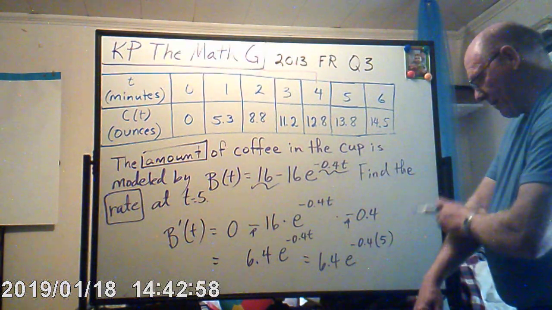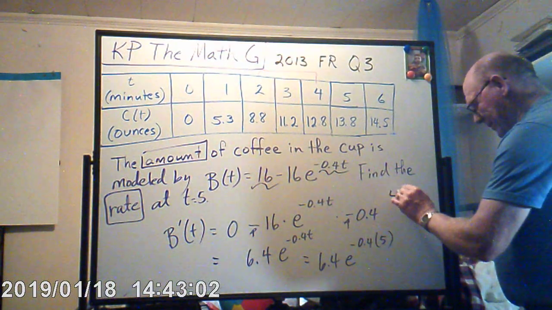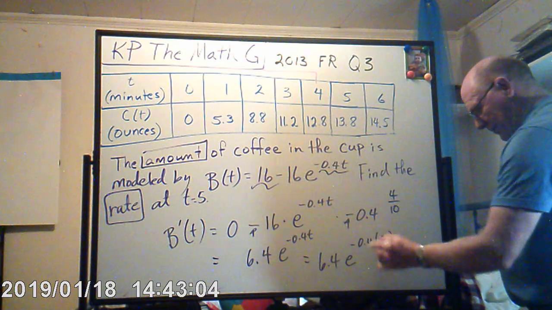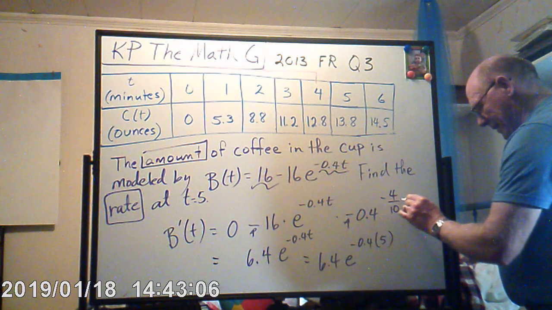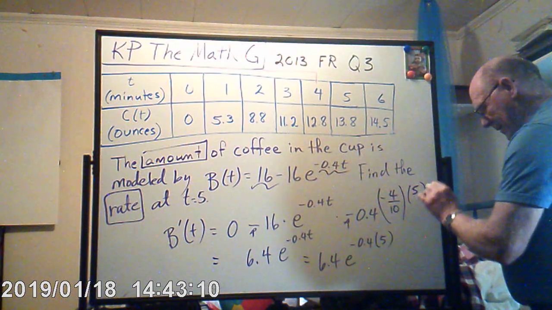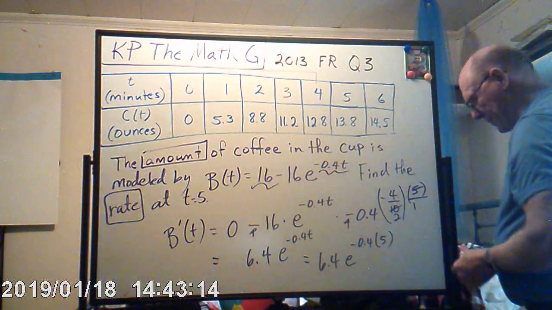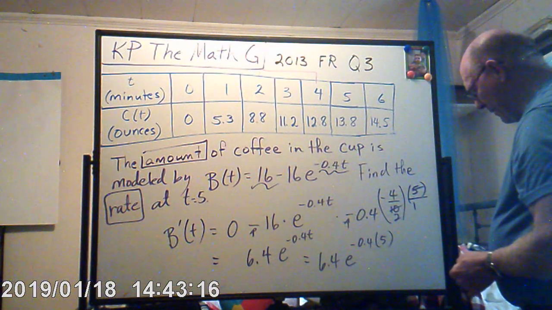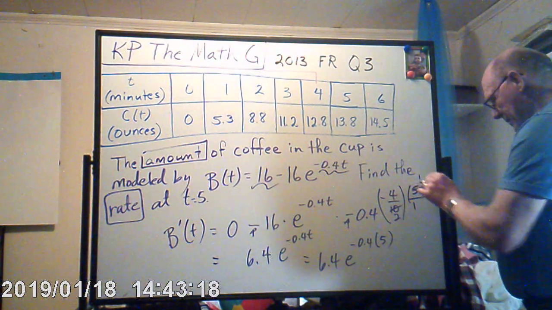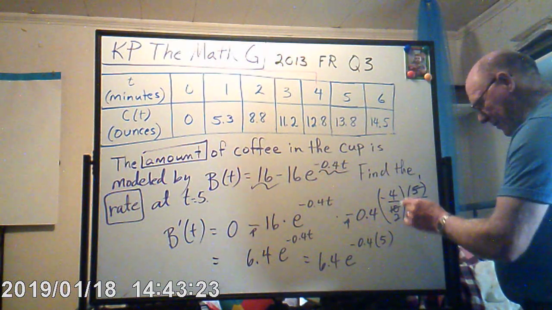And actually this is 4/10 times 5, negative 4/10 times 5. Did I do that right? 5 goes into 10 2 times, and now negative 4 over 2 is negative 2.